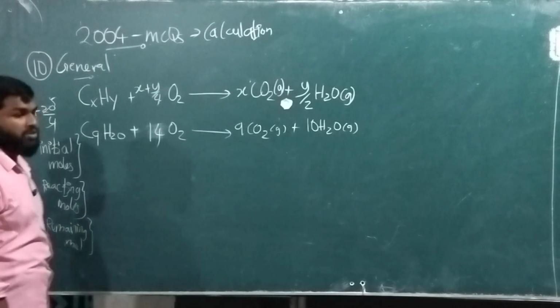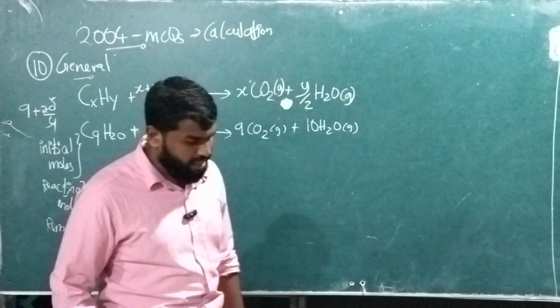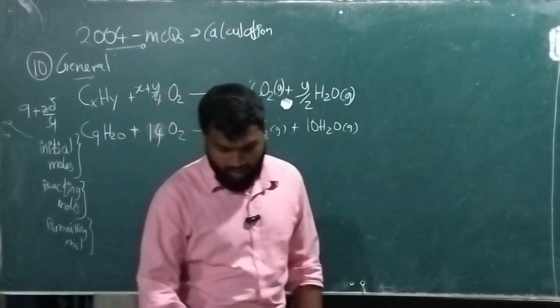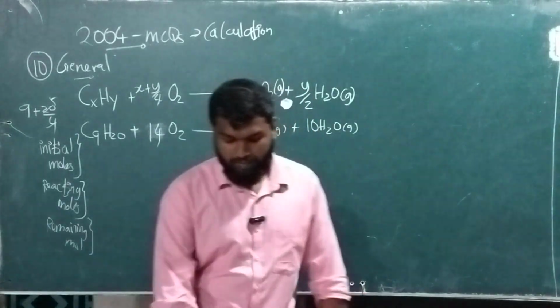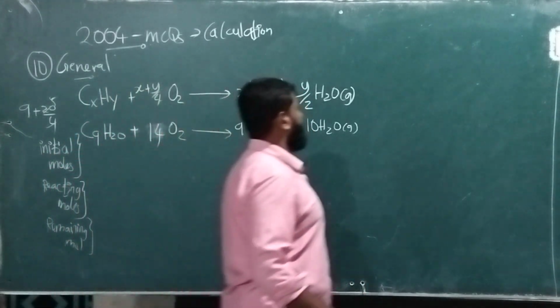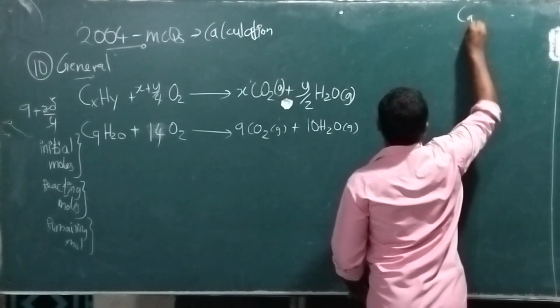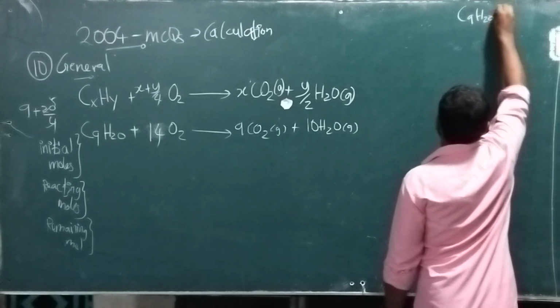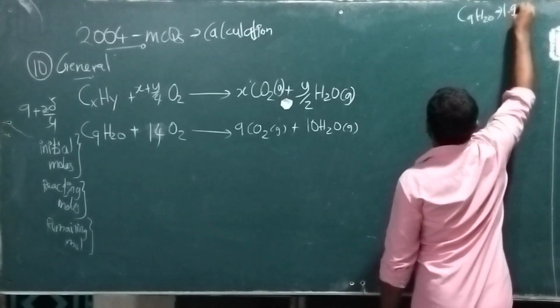Now let's see what is going to go on in this case. They have given the mass of hydrocarbon, 1.92. The C9H20 mass that was used for combustion is 1.92 grams.